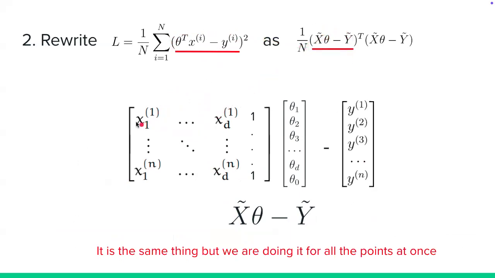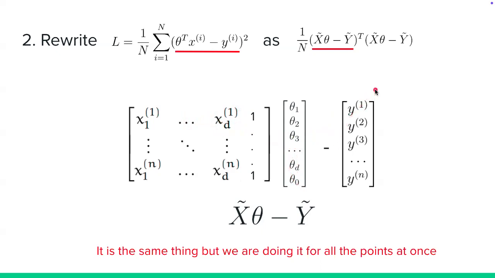If you remember, for matrix multiplication, we multiply this row times this column. So the first row times this column, and we get the first element. Let's confirm that this works. x1 theta 1 plus x2 theta 2 plus x3 theta 3 plus dot dot dot xd theta d, plus 1 times theta naught, minus y1.